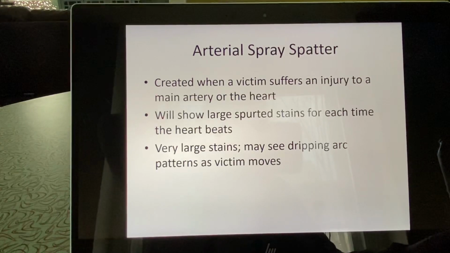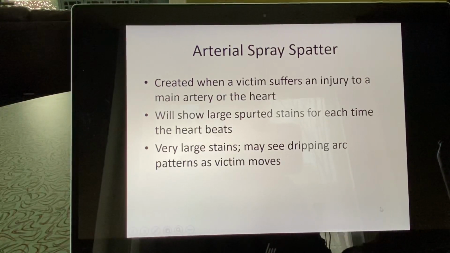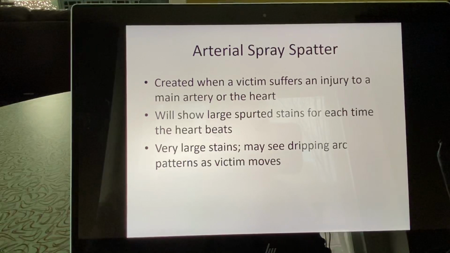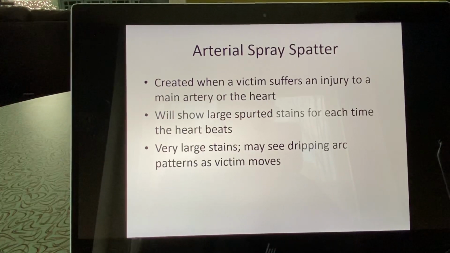So every time the heart beats, you're going to see a large volume of blood. And if it's deposited on a surface that's vertical, like a wall, then because it's such a large volume, you're going to see dripping stains associated with that first impact of blood.